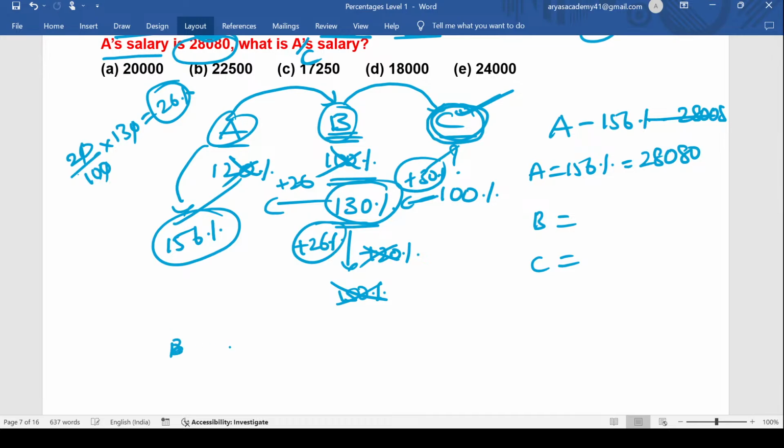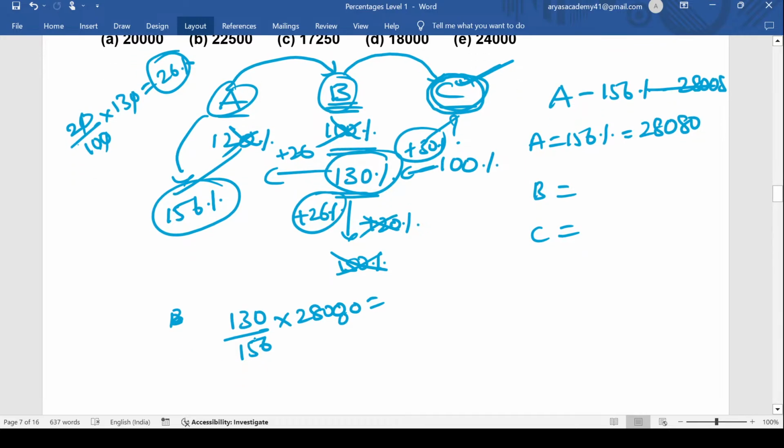B's salary is 130. I want to find out 130. I know the value of 156 is 28,080. If you know the 13 table, that is well and good. If you don't, then it's slightly difficult. 13 tens are 130, 13 ones are 13, 13 twos are 26, go exactly 4 times.